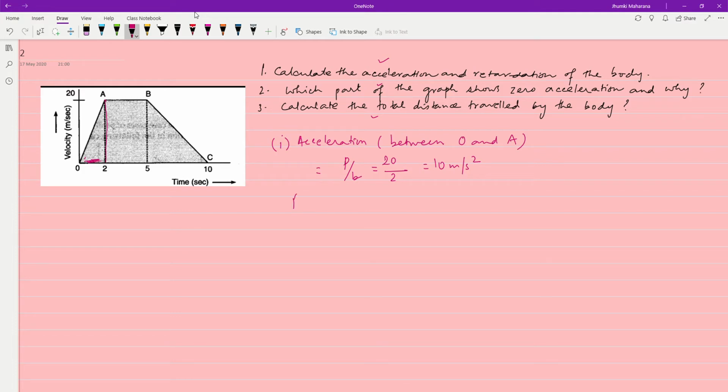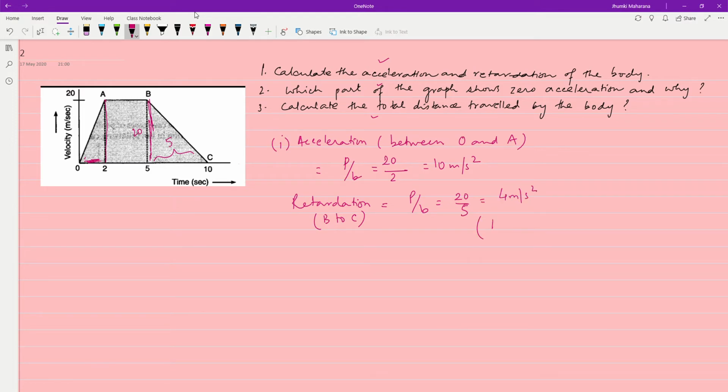And what about the retardation? Retardation would be equal to perpendicular by base, and where is retardation? It is B to C. What is the perpendicular here? If you look at the graph, this is 20 and the base here is 5. So it is 20 by 5, or we get 4 meter per second square.